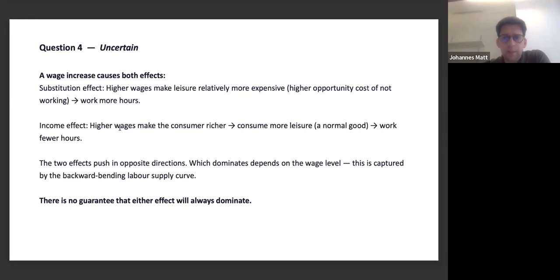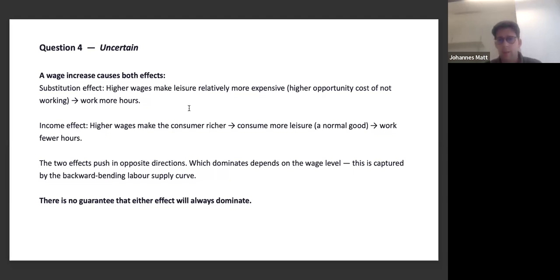On the other hand, there is what we call an income effect. Holding constant the number of hours that you're currently working, for every hour that you are working, you're becoming richer. You earn more money for every hour of labor that you're already supplying in the market.